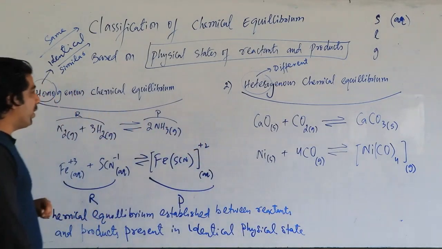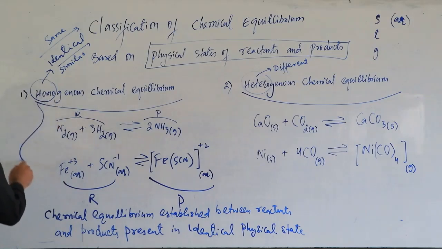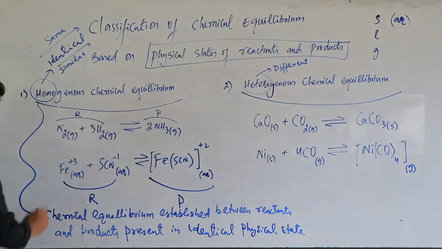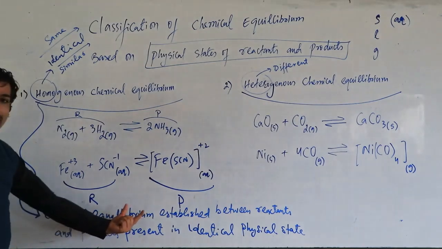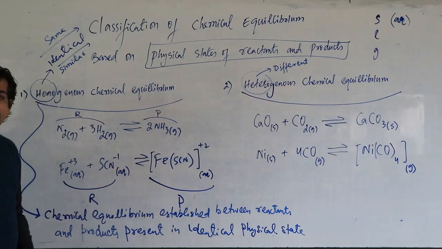So my dear friends, what is your homogeneous chemical equilibrium? Your homogeneous chemical equilibrium is a chemical equilibrium established between reactants and products present in identical physical state.